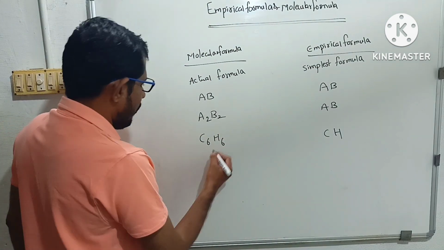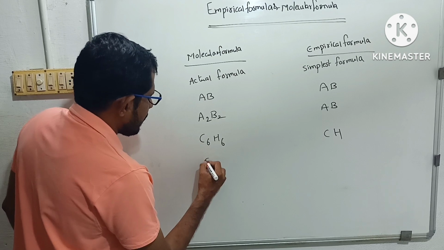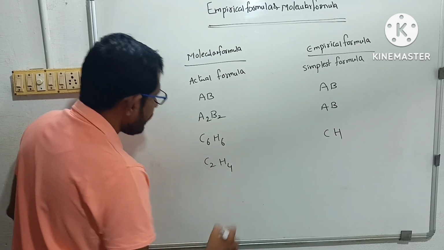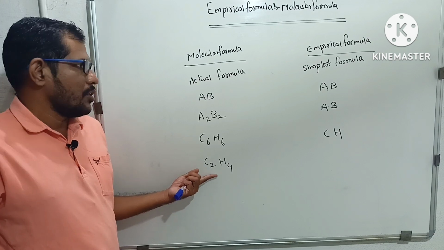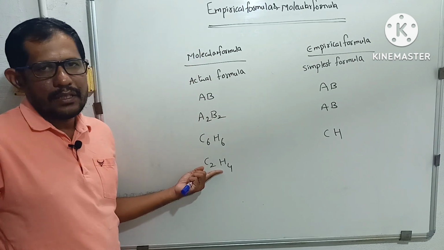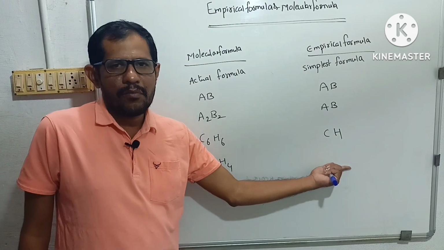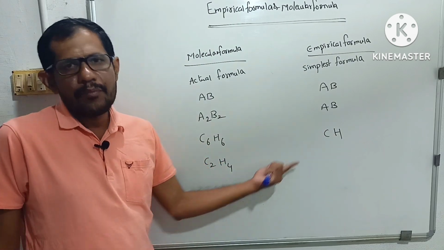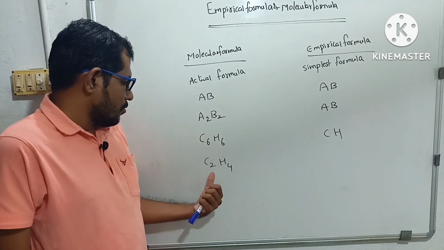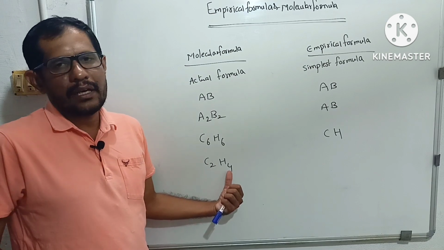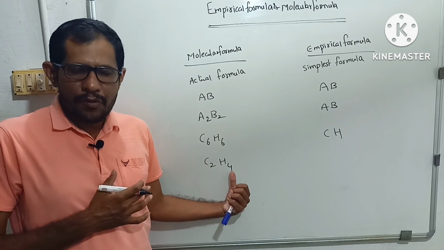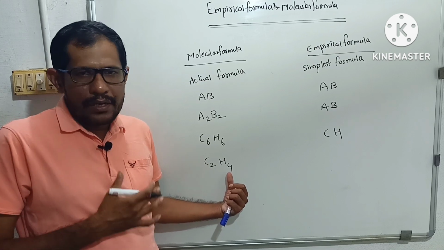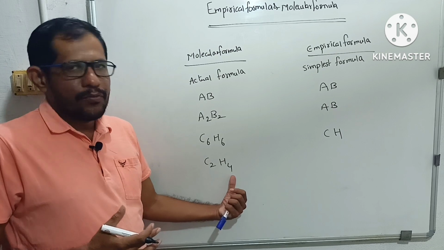If you take one more molecule, C2H4 is the molecular formula for ethene. You need to get the empirical formula for this. I have 2 here and 4 here. By which one do I need to divide, 2 or 4?